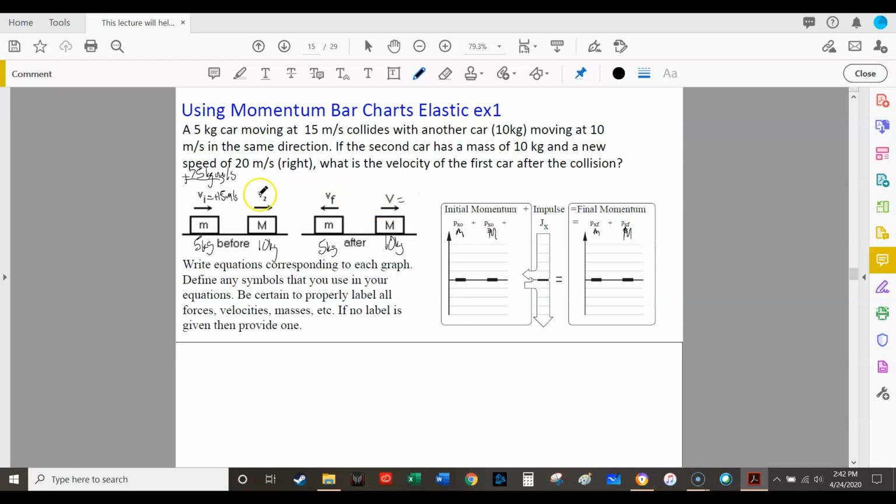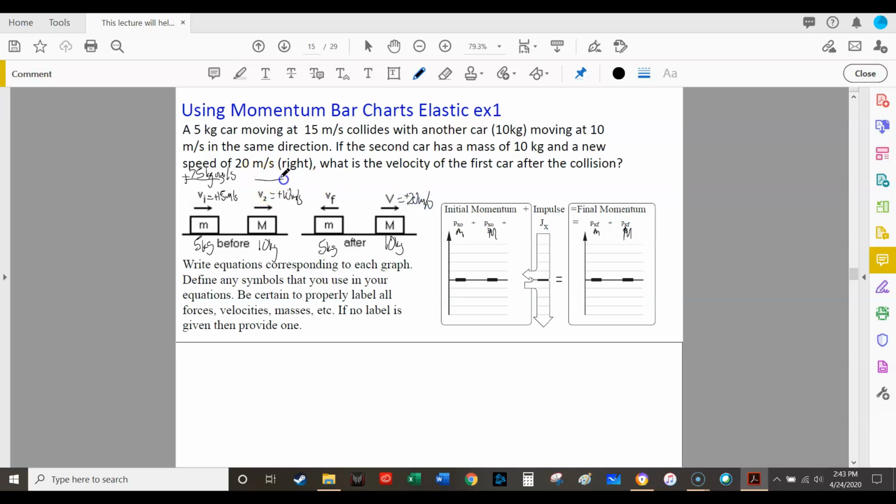Initially it looks like it is moving to the right at 10 meters per second, and then the first car, the small m car, overtakes it, because it's traveling much faster. After the collision, this 10 kilogram car is going to be traveling to the right at 20 meters per second, and that's going to be positive.